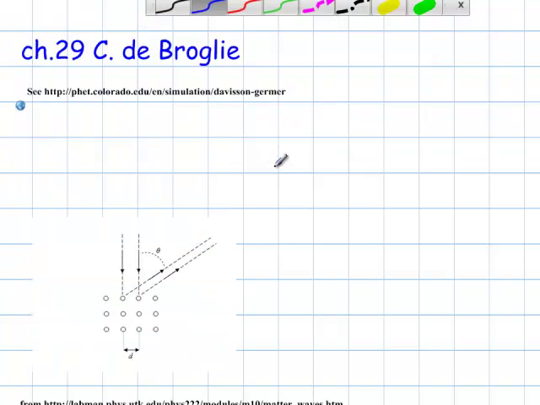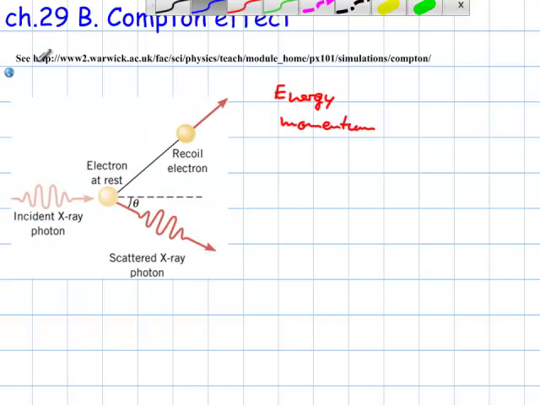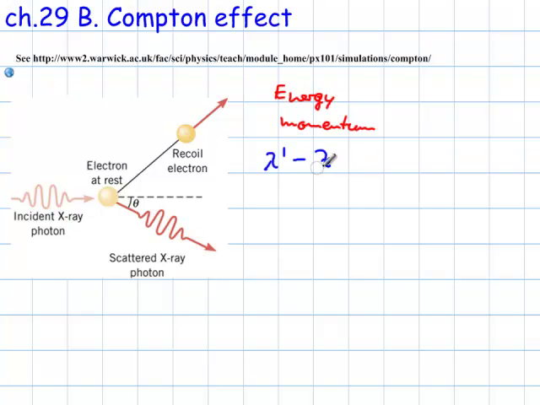So here I'm going to write it down. Anyway, so I have lambda prime, that's the wavelength of the scattered photon, minus lambda, the wavelength of the incident photon, equals h over mc, and the m here is the mass of the electron, and c the speed of light, times 1 minus cosine theta.